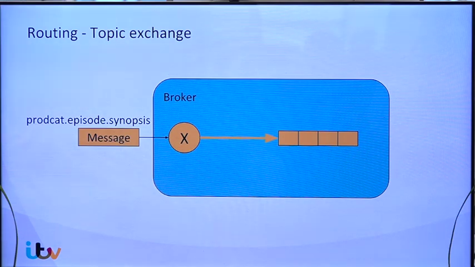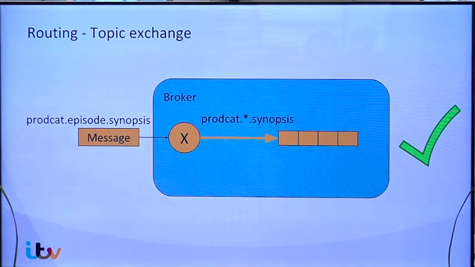It's a hash to match zero or more delimited words, or a star to match one such word. So say we want to get everything from the product catalog and put that on our queue for processing. We'd use hash. If we wanted to just get the synopses for episode or program or series, then we can use the star there and they would flow through.